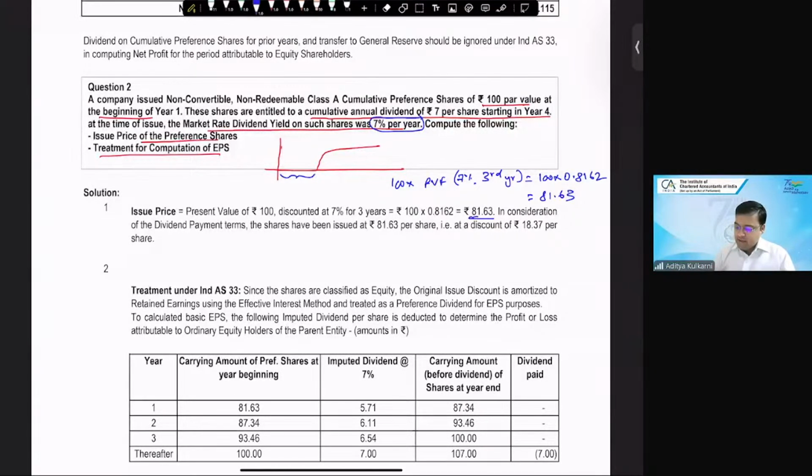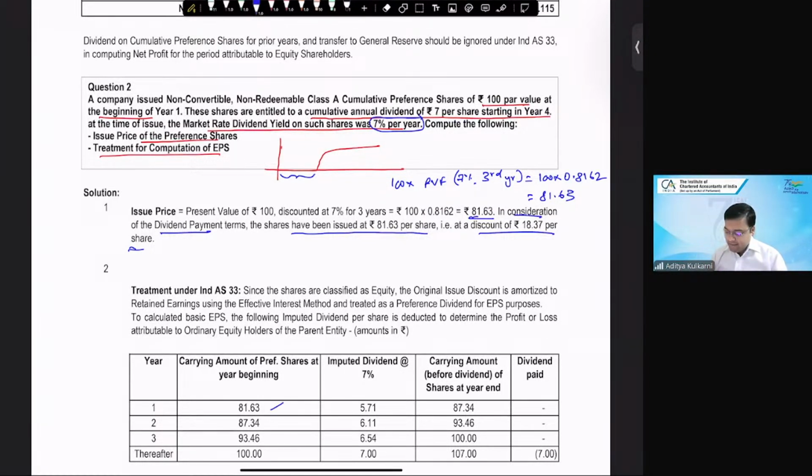In consideration of dividend payment terms, the shares have been issued at 81, that is at a discount of 18 per share. Now, when we calculate the EPS, clearly this discount build-up should be shown year on year.